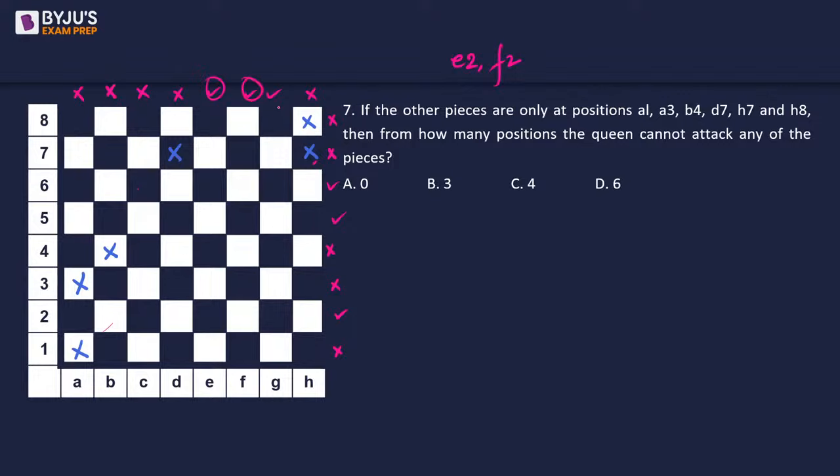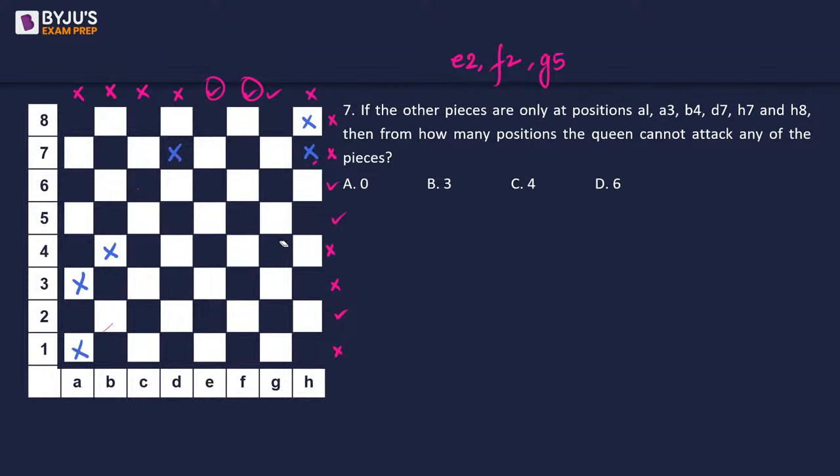Let's move to the next one. Let's look at G6. So G6 pe, if we place queen here, one piece is under attack. Next, if we place queen here, no piece is under attack. So the next one we can have is G5, जिधर में queen किसी को नहीं attack कर पाएगी.